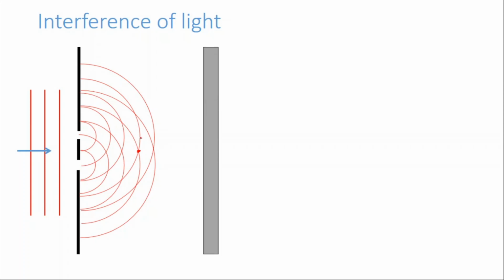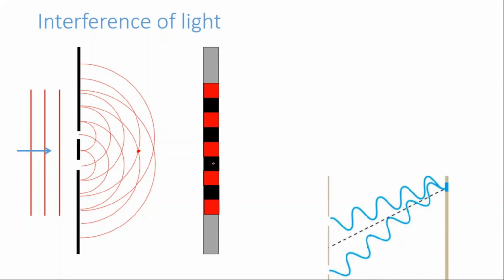If we put a screen here, the incident light passing through two slits interferes, and on the screen we are going to see an interference pattern. In the middle we see a bright region, then a dark region, bright region, dark region, a series of dark and bright fringes on the wall.